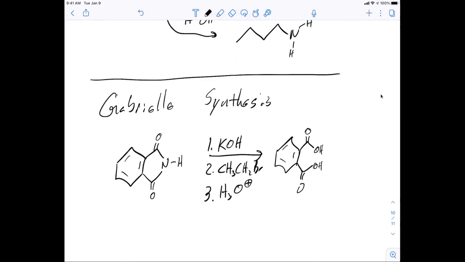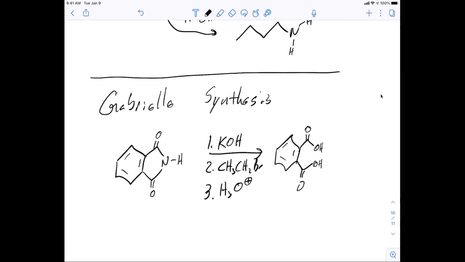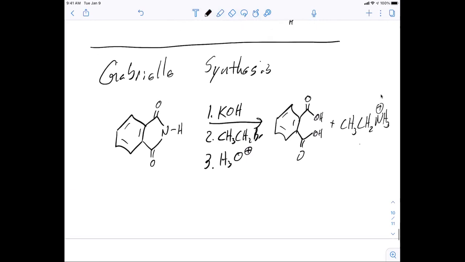So the N-succinimide becomes this dicarboxylic acid species, or succinimic acid, plus then we get the base, we get the protonated species.